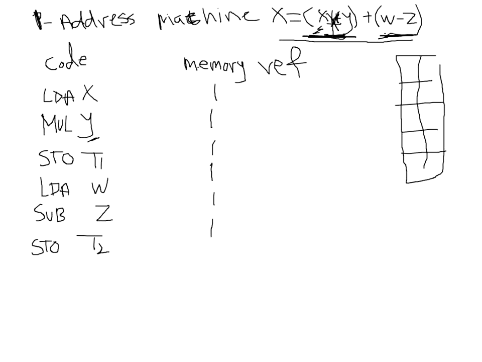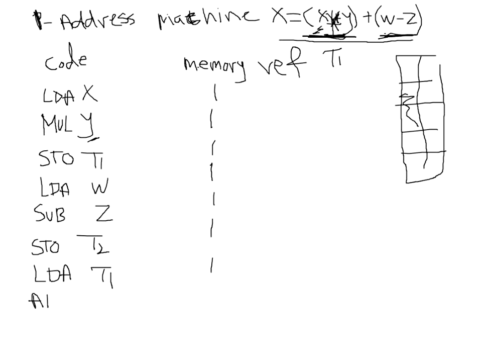Obviously we need to add T1 to T2, so we need to load, because we have T1 stored in the memory, so we need to retrieve it again. So we're going to have to load T1. We need to access the memory once to get the value of T1.